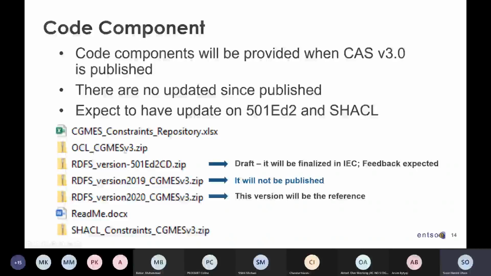We think it's harder going from OCL to SHACL. SHACL is more implementation independent. OCL is close to implementation, so for some vendors it might be a very good fit, for others not so good a fit. So that's the direction we're going on the code component.